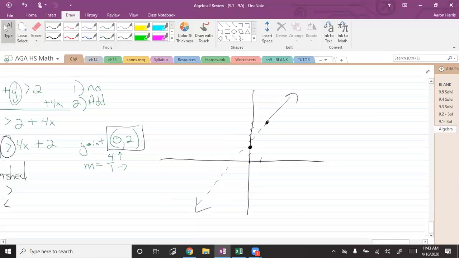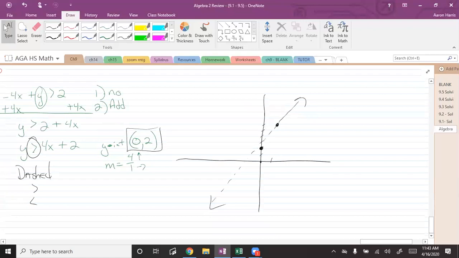Now, what do I do to that line? You have to put another line through it. A vertical line. What is this vertical line going to tell me? Which part to shade. And what part do I want to shade? The top.